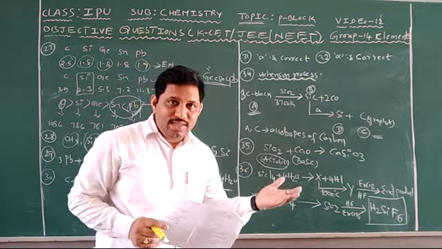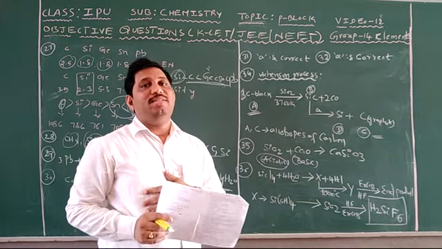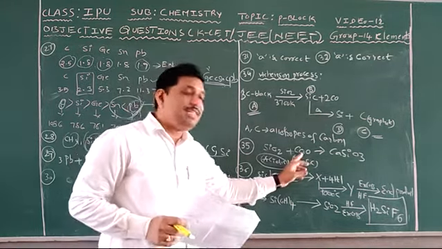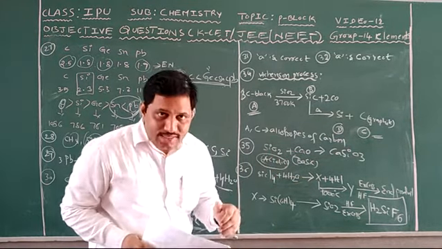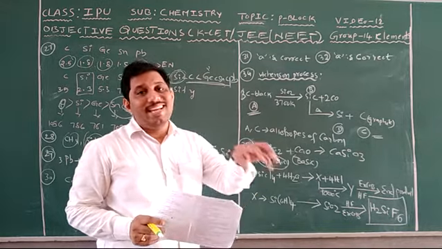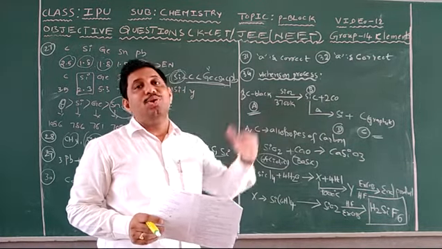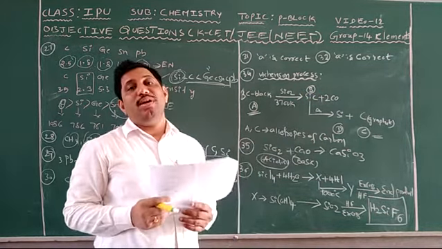If it has acidic nature, it is an acidic flux. If it has basic nature, it is a basic flux. The flux that can be used to remove basic impurities is known as acidic flux. The flux that can be used to remove acidic impurities is known as basic flux.